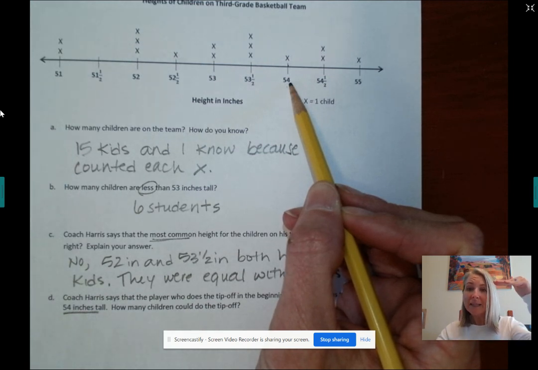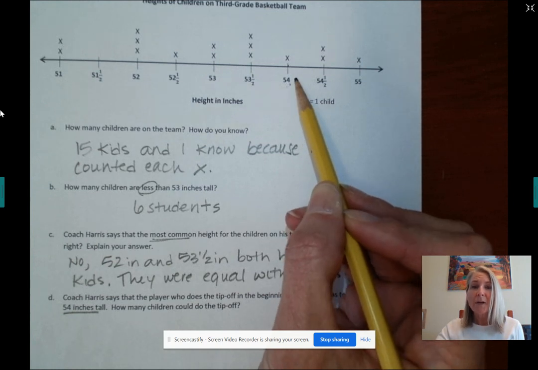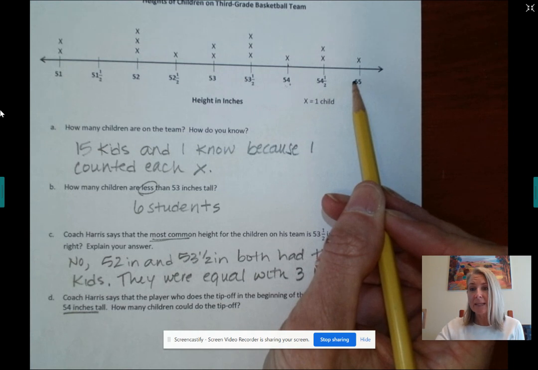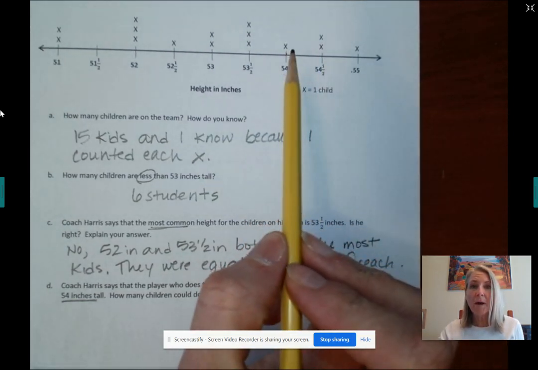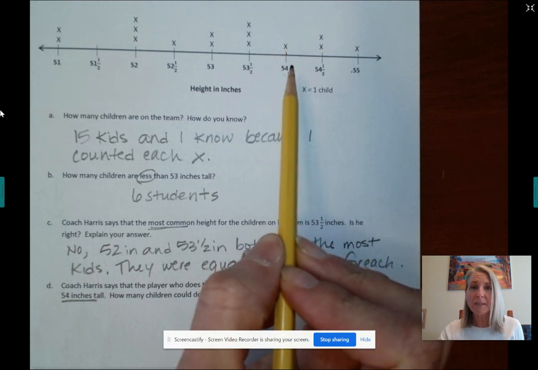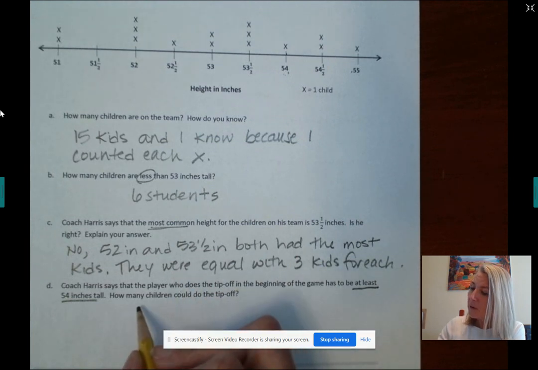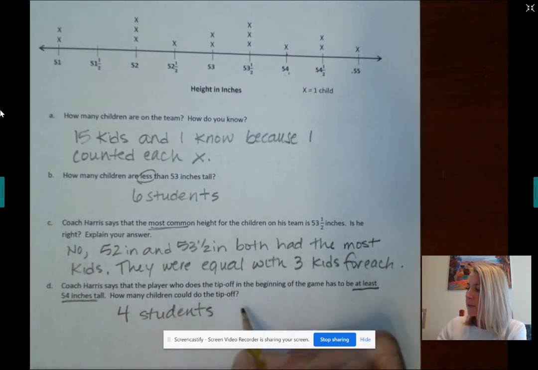You must be at least this tall. You can be taller, you just can't be shorter, right? So these guys over here also qualify as tip-off candidates. How many children could do the tip-off? 1, because he just meets that requirement, or she. 2, 3, 4. 4 students could do the tip-off.